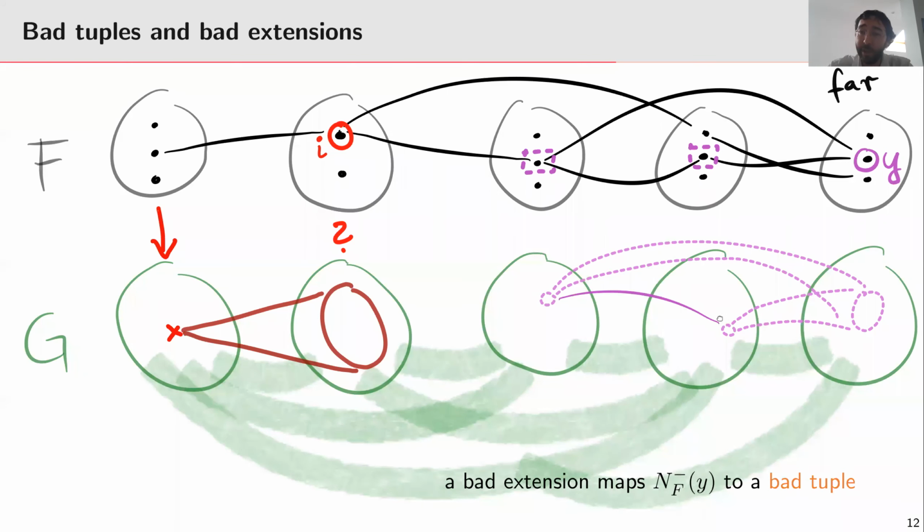So this thing is a bad pair if the common neighborhood here is too small. And what I want to do is say, when I put I in here, I want to choose a vertex from here that doesn't make it too likely I will be forced to put this pair of vertices to a bad pair here. So how can I guarantee this? I need to do two things.